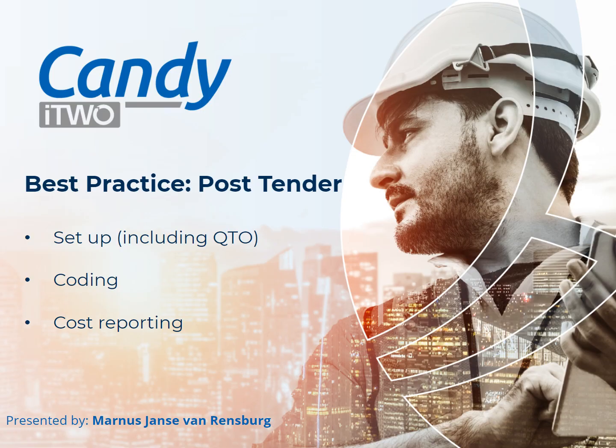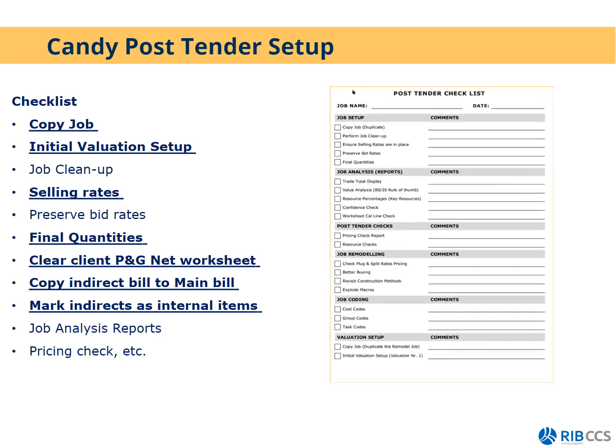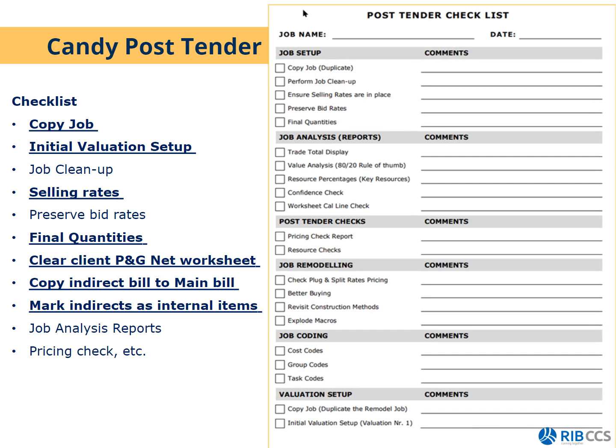I will then be taking you through best practices for post-tender project control. When setting up a job for valuation number 1, in our training, we normally recommend that you go through a detailed checklist to make sure that the job is in a good condition to use for post-tender use in Candy. This checklist is listed on screen at the moment.